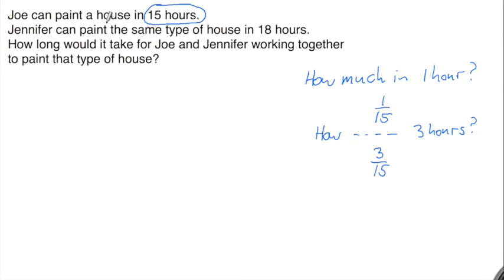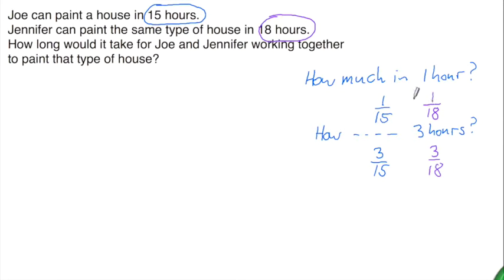Now, while we're doing Joe, we throw in Jennifer. If Jennifer is only working for 1 hour, and she takes 18 hours to finish the house, she will finish 1/18 of the job in 1 hour, and 3/18 of the job in 3 hours.